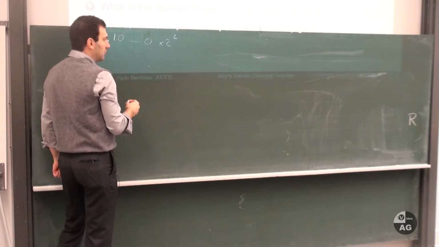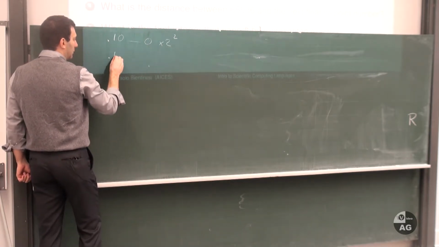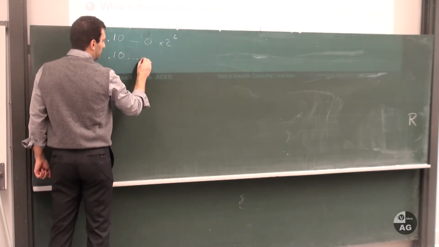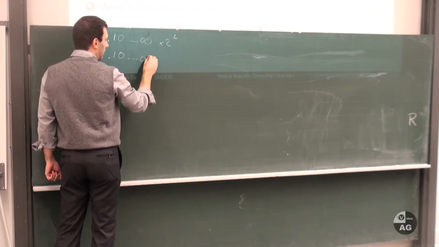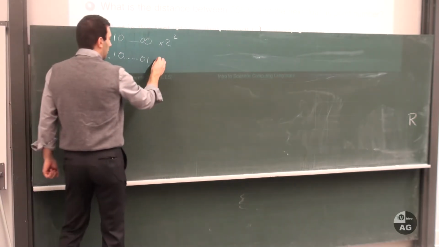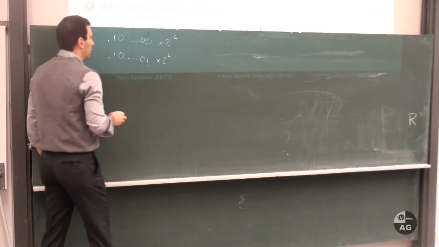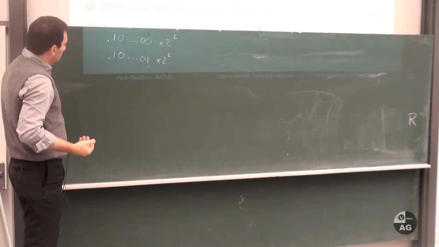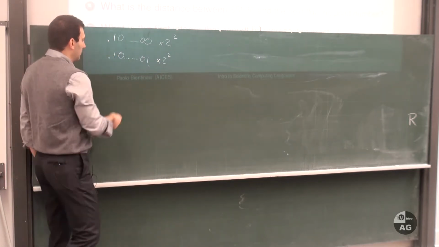What's the next floating point number? Well, now we go with all the zeros, and then we put a 1 at the very end. Okay. So, how do we figure out how much this is?